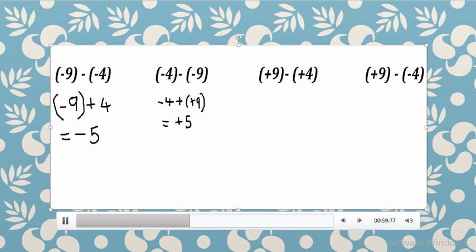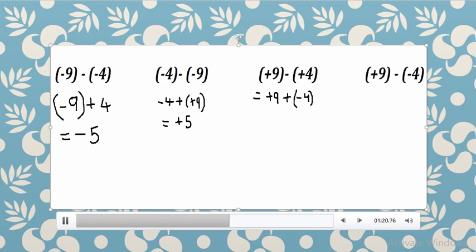Let us see this example. +9 minus +4. To subtract one number from another number is to add its opposite number. So we are going to add the opposite of +4, which is -4.